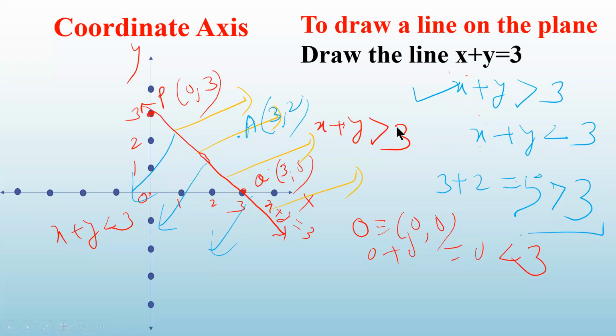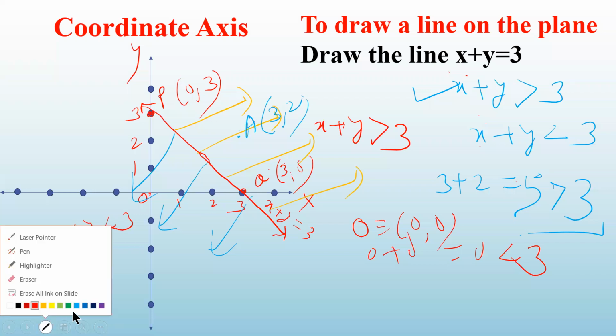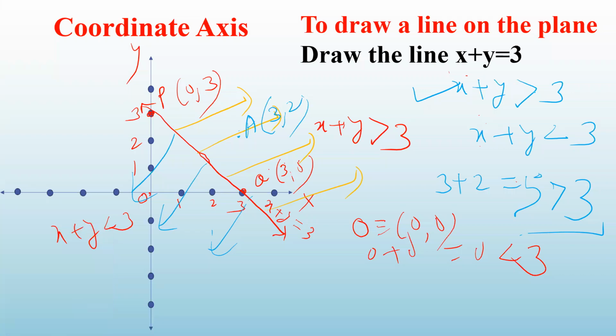Now, one more thing we discussed yesterday: suppose instead of x plus y greater than 3, I use this symbol, greater than or equal to 3. Because when we solve problems of linear programming, most of the time we will be using this symbol.